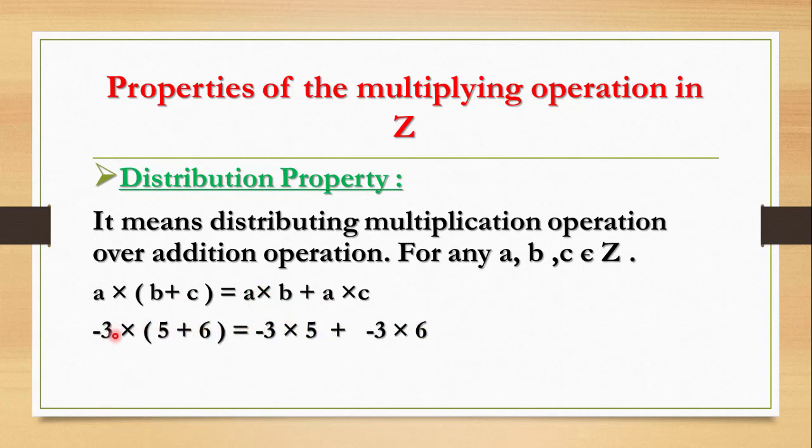Let's take an example. We have negative 3 times (5 plus 6). 5 plus 6 is 11, so we have negative 3 times 11. Here we have negative 3 times 5, which is negative 15, and negative 3 times 6, negative 18. The result will be the same, negative 33.